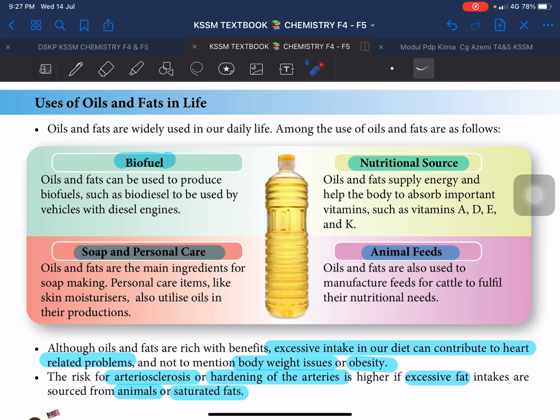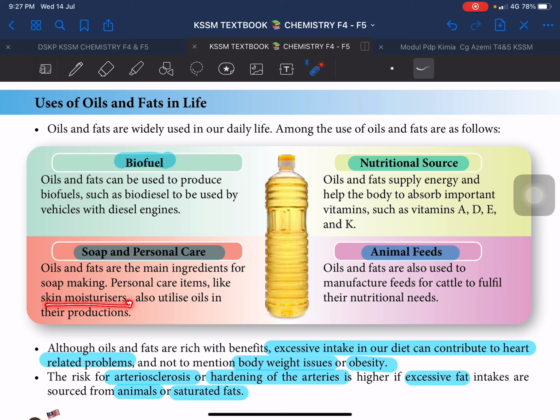Soap and personal care. Oils and fats are the main ingredients for soap making. You are going to make one in the lab. Okay? Personal care items like skin moisturizer. You feel what a moisturizer is like, very slippery.